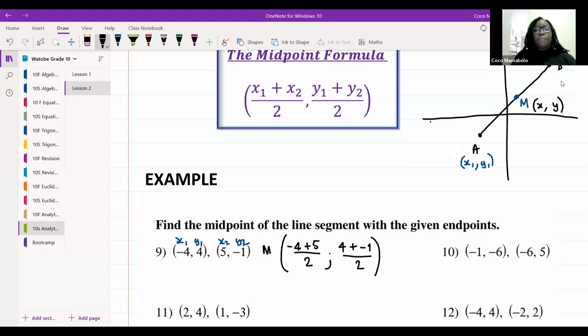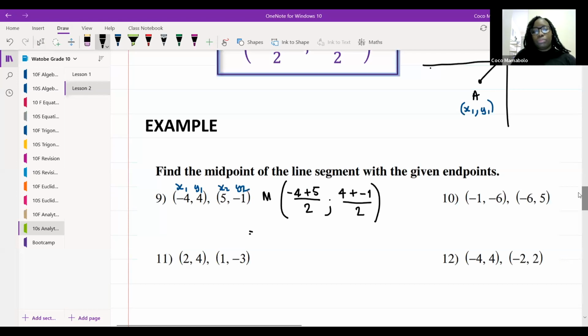Okay, -4 plus 5, guys, is how much? Put it in the chat. It's an easy question. -4 plus 5 is 1, over 2. Right, what about this side? 4 plus -1 will give me 3 over 2, close bracket.